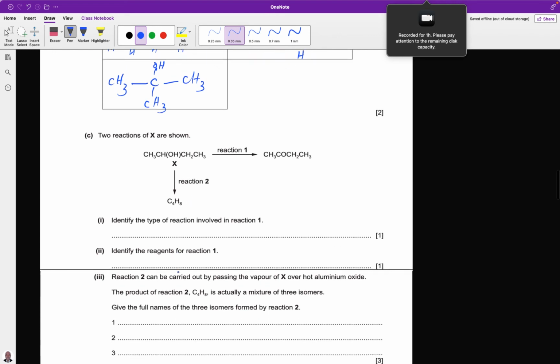Identify the type of reaction involved in 1. Of course, primary alcohols are oxidized to carboxylic acid, and secondary alcohols are oxidized to ketone. So in this case, 1 is an oxidation reaction.